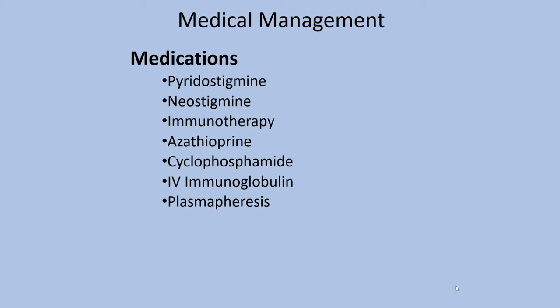Okay, another one is mycophenolate mofetil or Cellcept, which suppresses both T cell and B cell proliferation. The usual dose is 1 gram twice a day. Some adverse effects are diarrhea, anemia, leukopenia, infection.